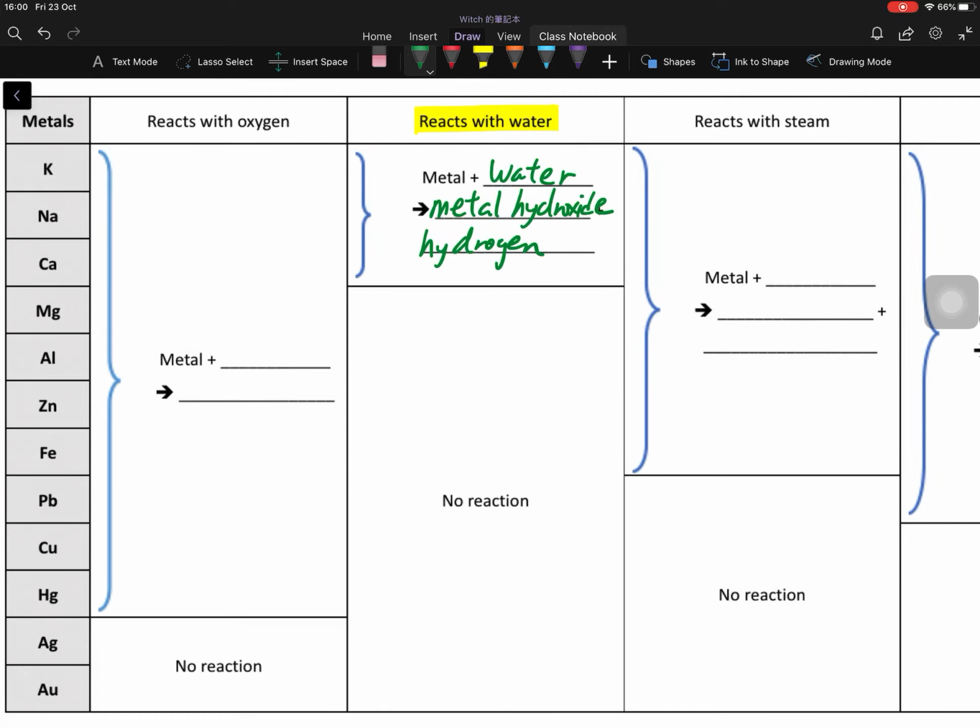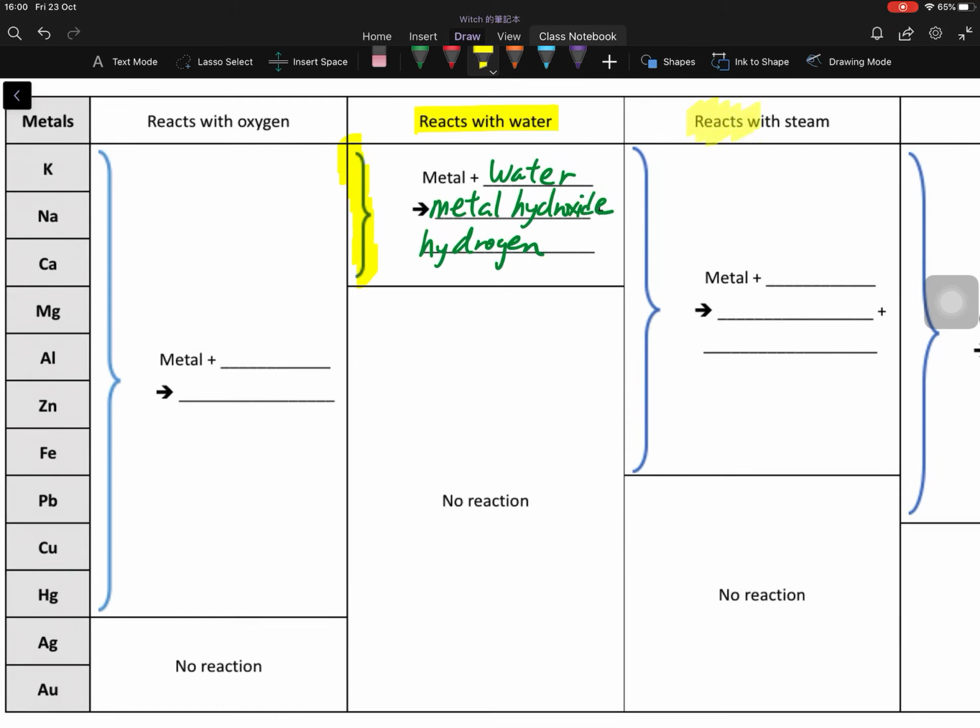But we also need to notice what kind of metal is used in this reaction. Only three of them: potassium, sodium, and calcium. Of course, if one day we can find some metal more reactive than potassium, they can do so too, right? But up to this moment, we have only three.